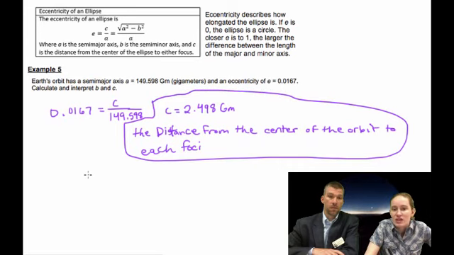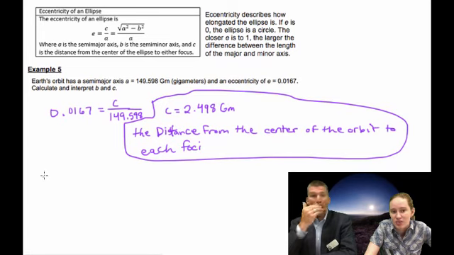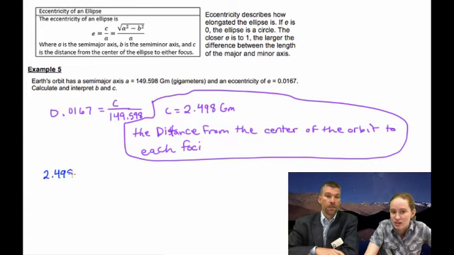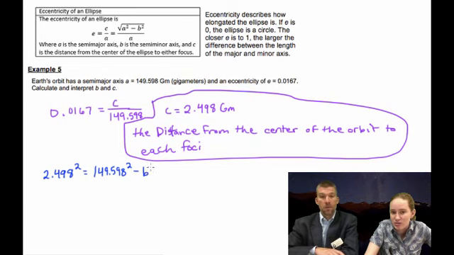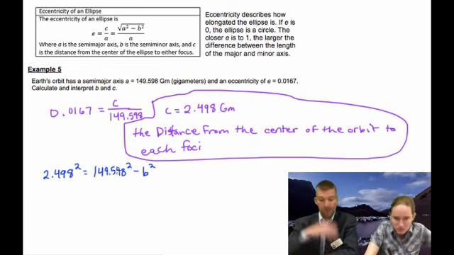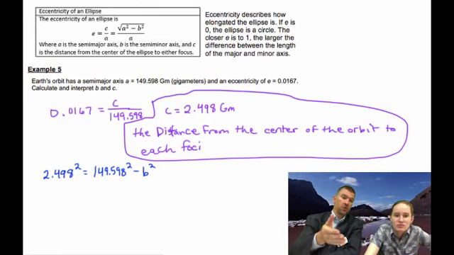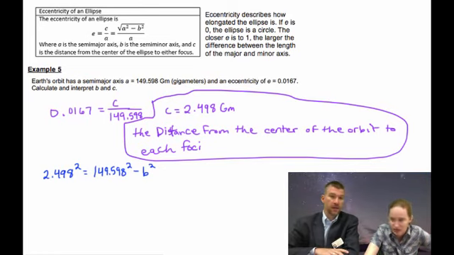So then for our B, we're going to use our Pythagorean relation. Now we have A and C. Our Pythagorean relation was a squared minus b squared equals c squared. So 2.498 squared equals 149.598 squared minus b squared. You're basically trading b squared and the 2.498, and then taking a square root.